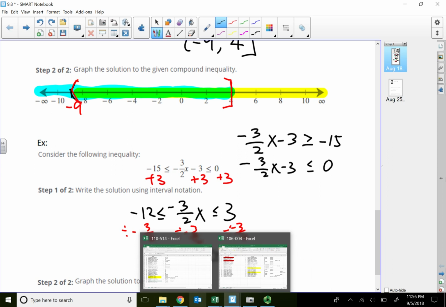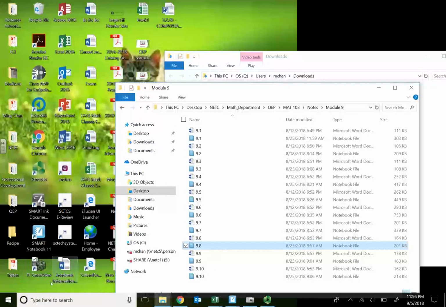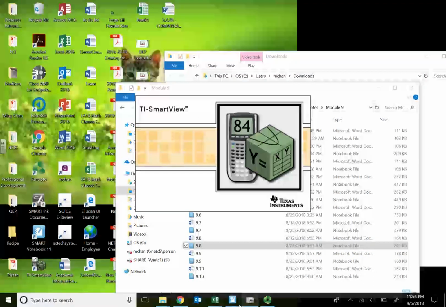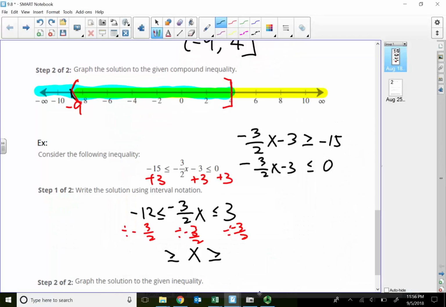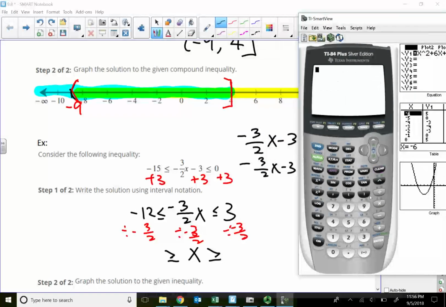Let's use our calculator. Negative 12 divided by parenthesis negative 3 over 2.